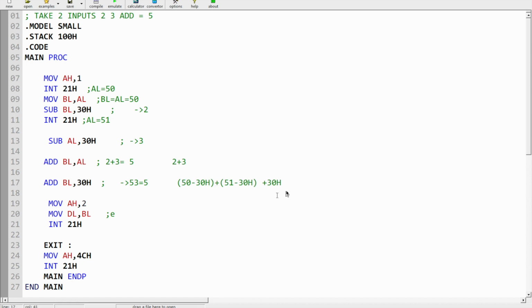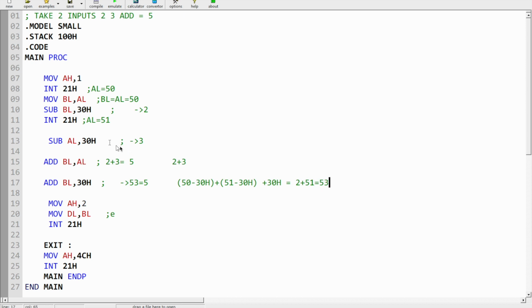So all of this translates to 50 minus 38 plus 51 minus 38 plus 38. We can see that in this line, one 38 and another 38 cancel each other, do they not? The answer is still the same.